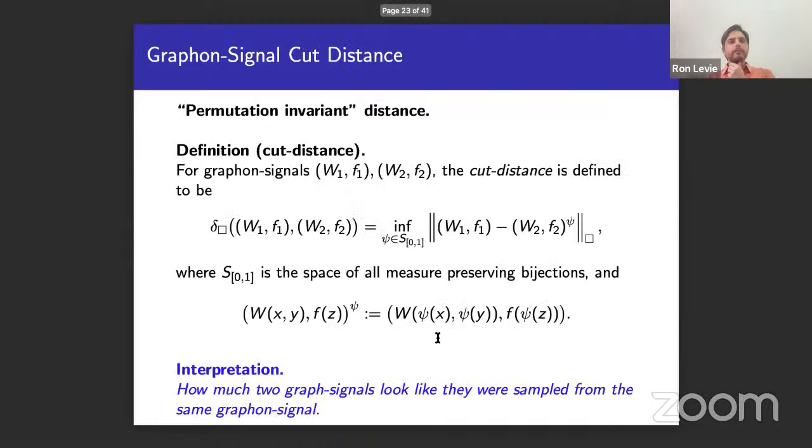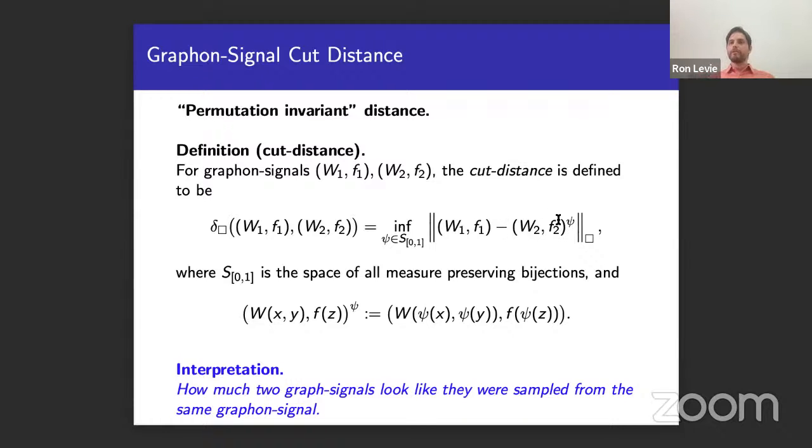Okay, so the last thing we need to do is, because we are interested in graphs, and graphs don't have a natural ordering of the nodes, we want to define a metric or a distance which is permutation invariant. It doesn't depend on the ordering of the nodes. So we define the graphon signal cut distance, which is the cut norm up to the best permutation that aligns the two graphon signals, right?